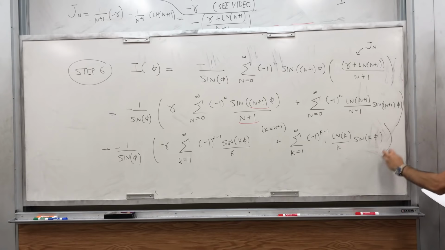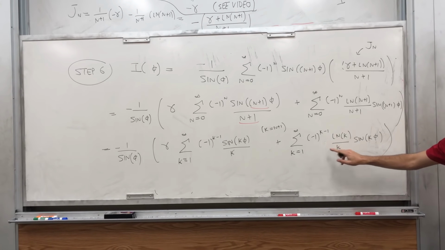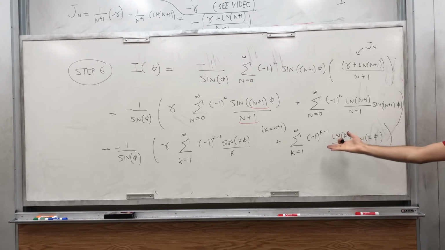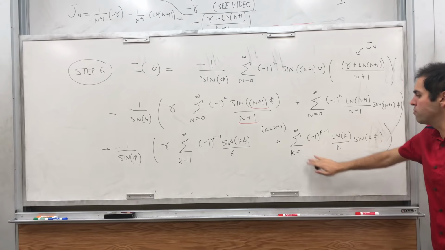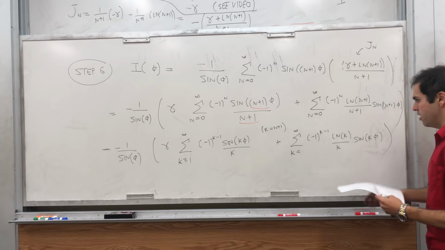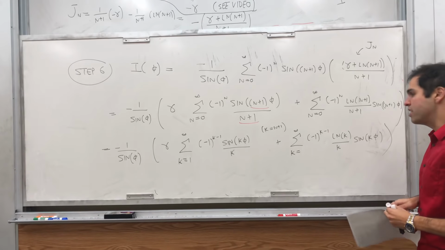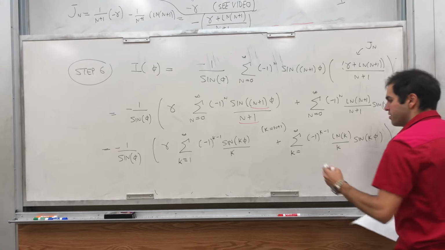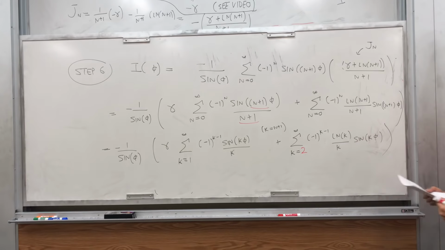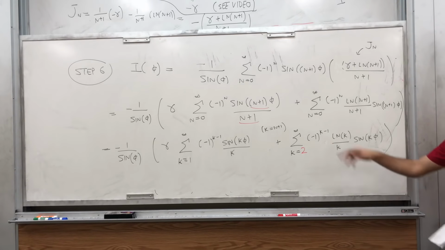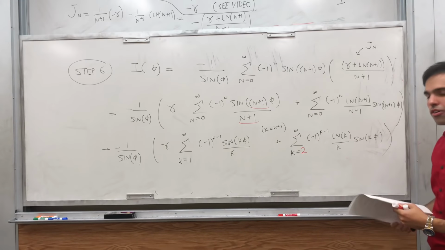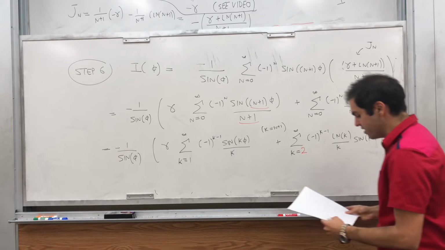Just one little thing. Notice if k is 1, ln of k is 0. So really, this sum doesn't start from 1, it starts from 2. And we're not shifting anything anymore. We just say, well, it's the same sum, but from k equals 2. And if you're in doubt, let's just write out those sums explicitly and convince yourself that this is still true.